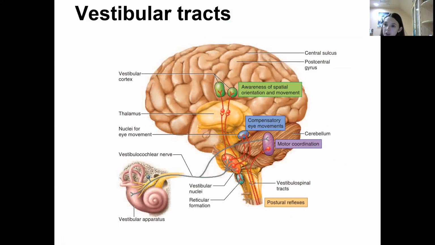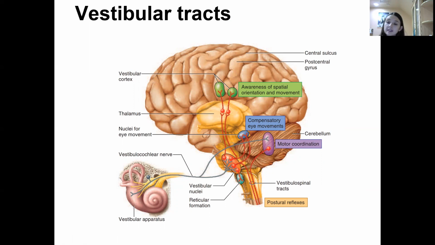What about the vestibular tract? Information from the 8th cranial nerve, the vestibulocochlear nerve, is first sent to the level of the medulla oblongata, where it binds to the vestibular nuclei. After that, information spreads to the cerebellum.